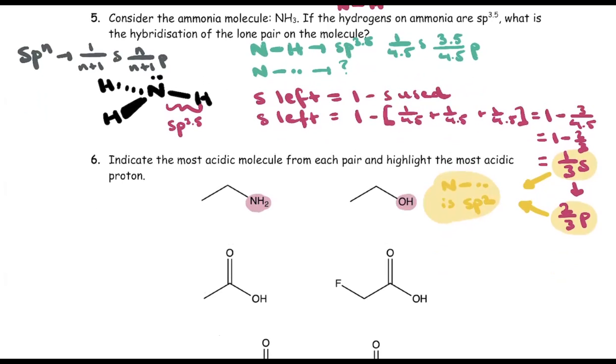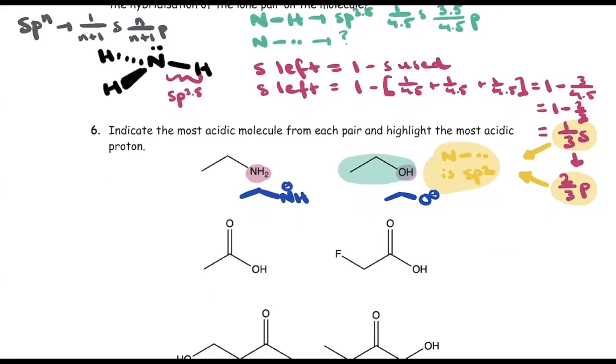If you try drawing out the conjugate bases, you see that oxygen is going to have a negative charge. Oxygen is actually going to be much happier with that negative charge than nitrogen is. So that means that the molecule on the right is going to be the most acidic, with of course the most acidic proton being the one on the alcohol.